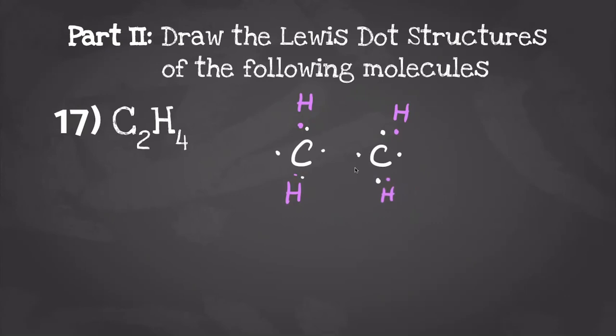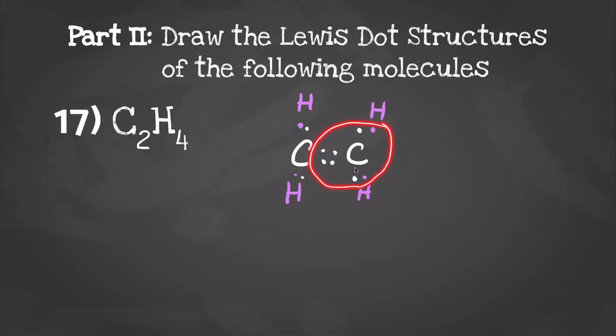However, when I look at how many electrons each carbon has, each one is going to have 7 here. To alleviate that, instead of forming a single bond, the carbon can form a double bond. Now, each carbon has a total of 8 electrons in its octet. Hydrogens only need 2. So they're all going to be happy.